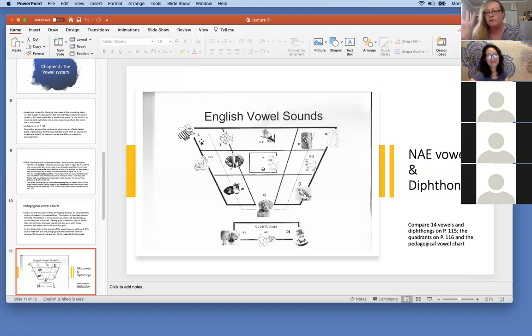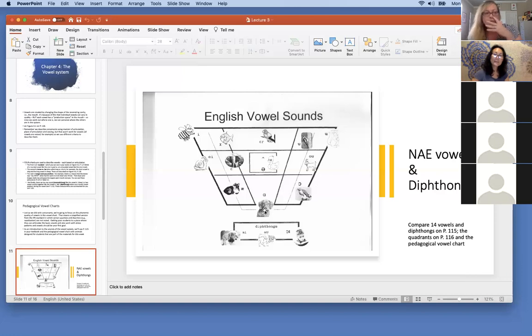So we want to work on the long, short difference right there. Then we've got A and E. Then we've got A, and then O. Now, this is like dog.